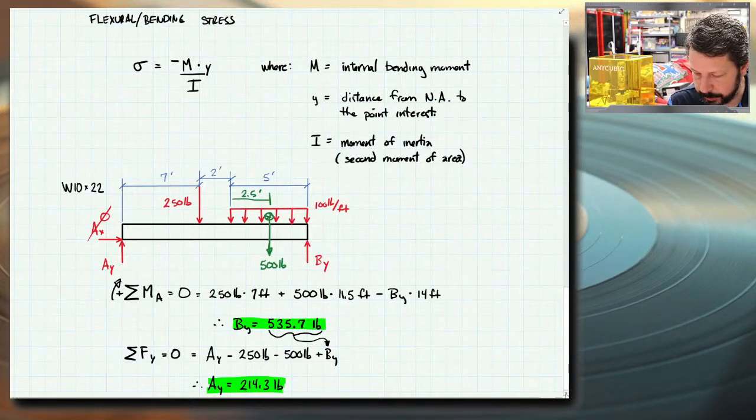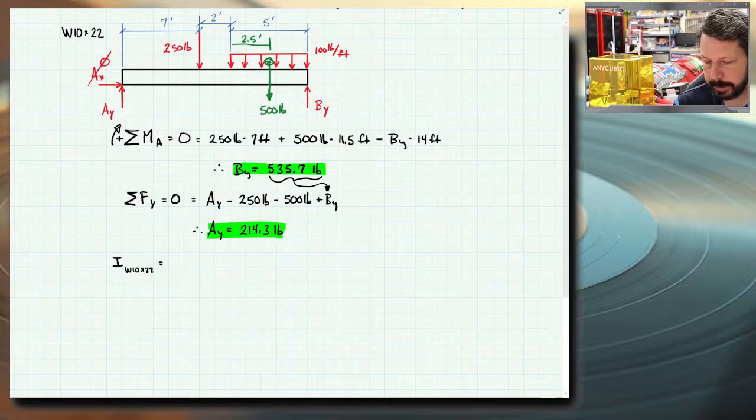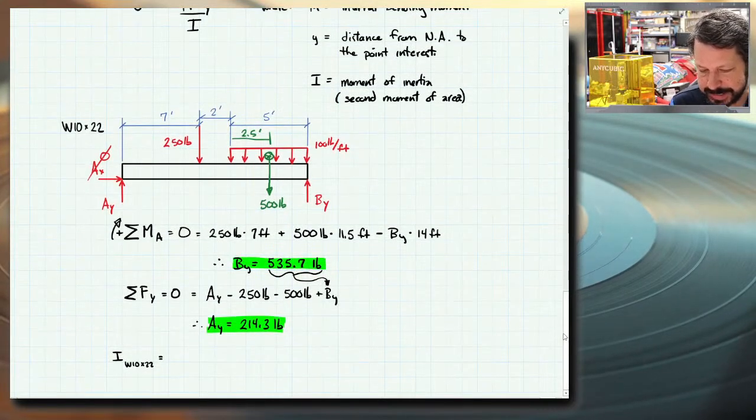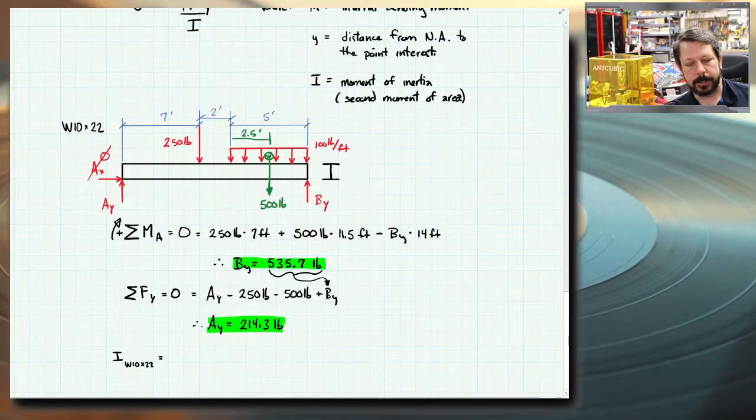So W10 by 22. We haven't specifically said which way we've loaded this beam. So let's go to our diagram here and point out that this is the way the cross section is oriented. So this means all the loading is perpendicular to the XX axis, like this.